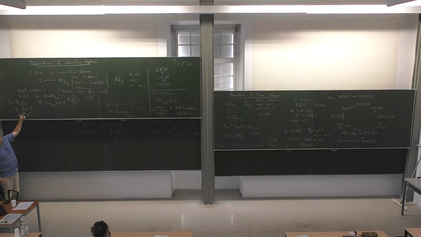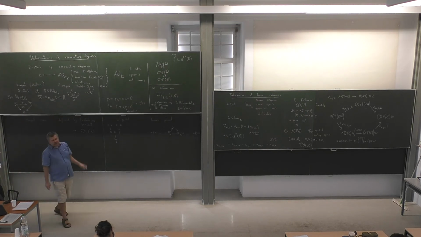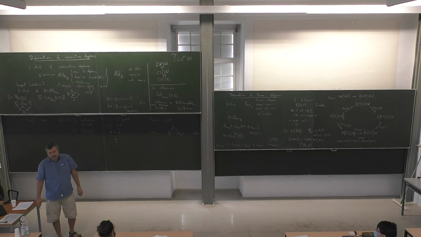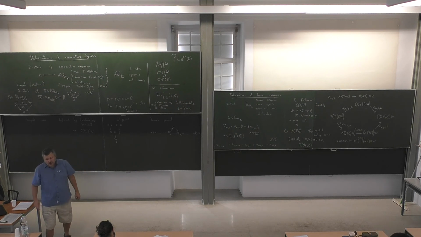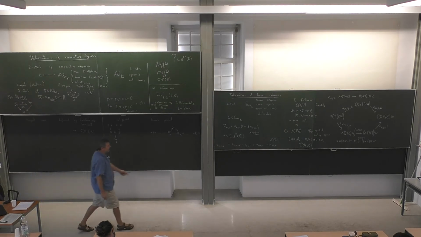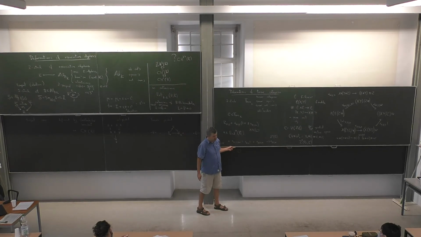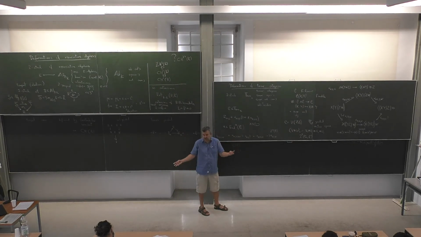So morphisms in this tangent thing are triples. Yeah, but the unit comes for free. Units come for free. So this is the only condition for deformation theory. With the unit, you really have this normalization condition. That's why normalization is free.